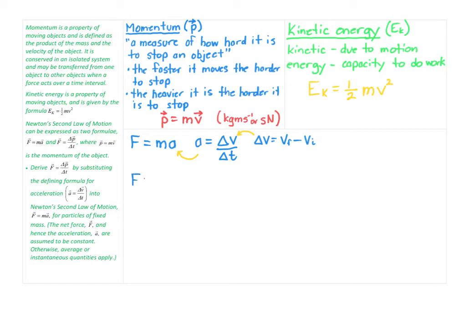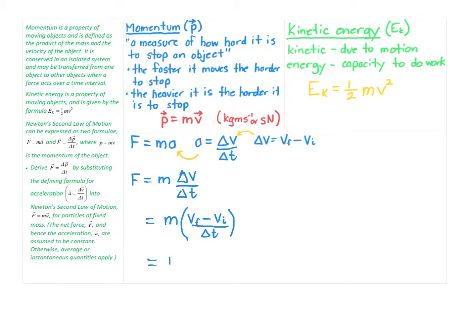Force equals mass times delta V over delta T. Then substituting further, we get equals mass times Vf minus Vi, so that's the final velocity minus the initial velocity, divided by delta T.